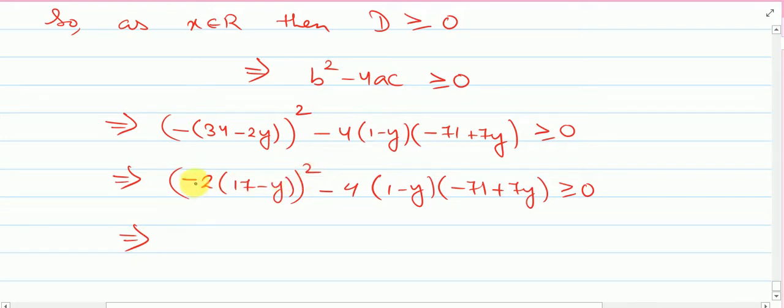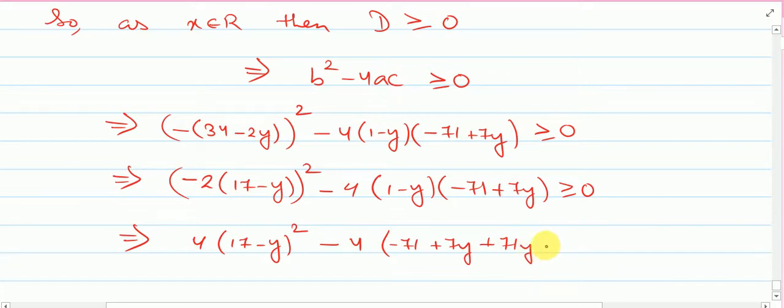Now this square is for this minus 2 as well as for this 17 minus y. So you get 4 and here (17 minus y) whole square, here 4, and you can open the bracket, so 1 will multiply to this, so you'll get minus 71 plus 7y, and this minus y will multiply, so you get plus 71y minus 7y square greater than or equal to 0.